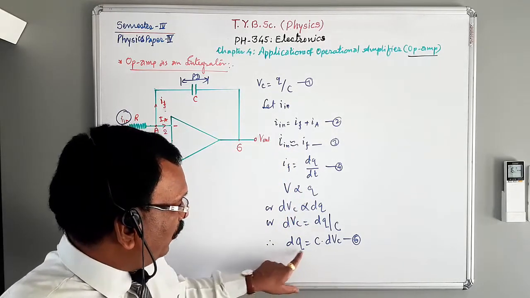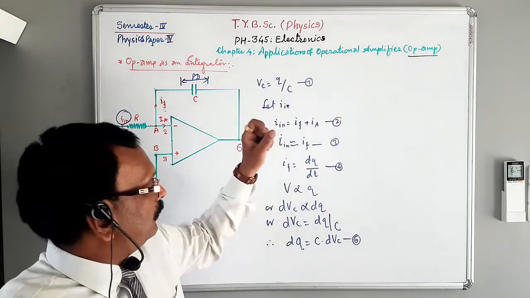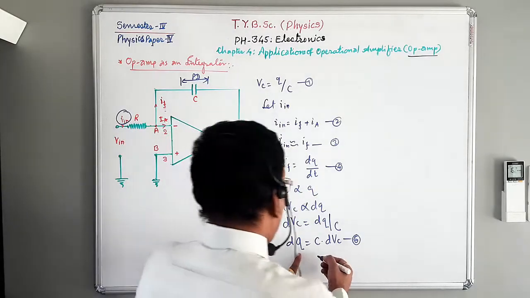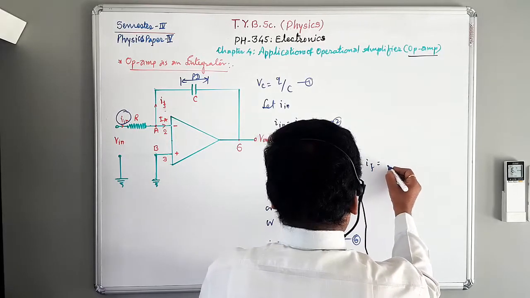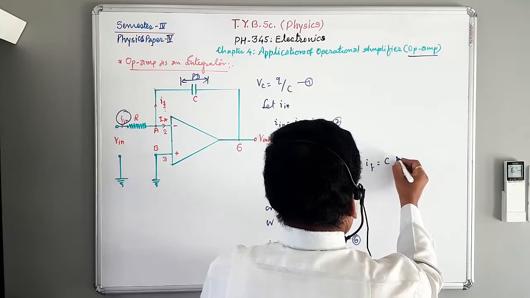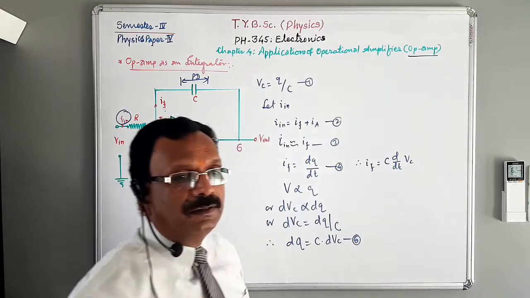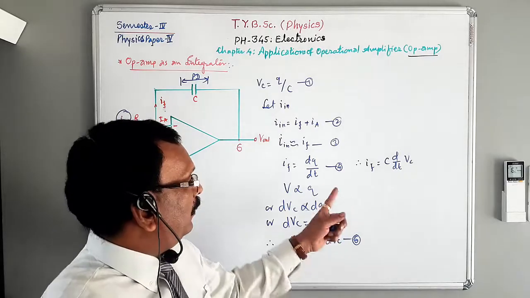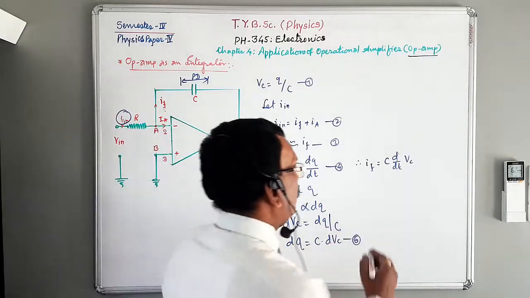Using this value of dq from equation 5 in equation 4, when we substitute this value, therefore IF is equal to C d by dt Vc. But IF is equal to IIN.